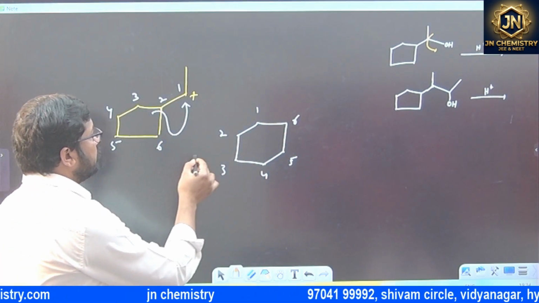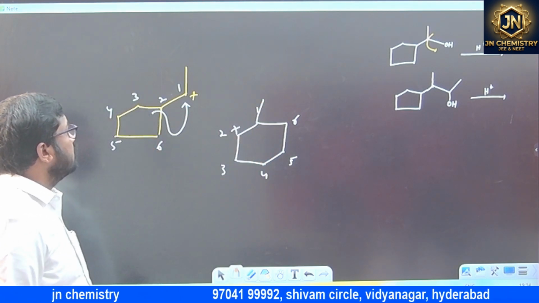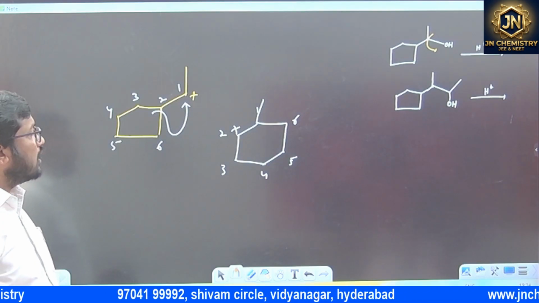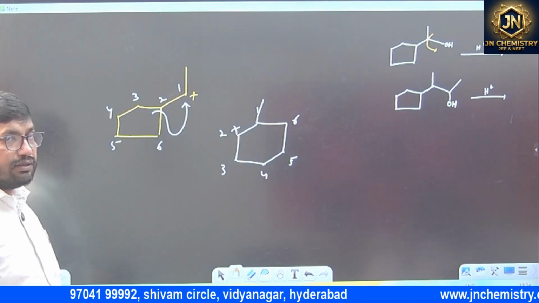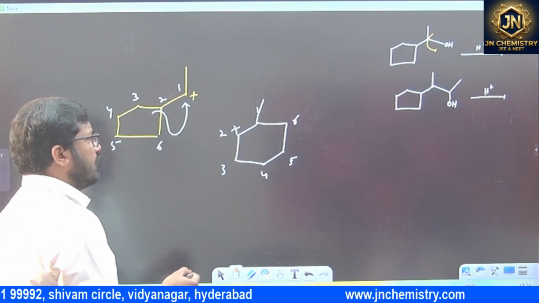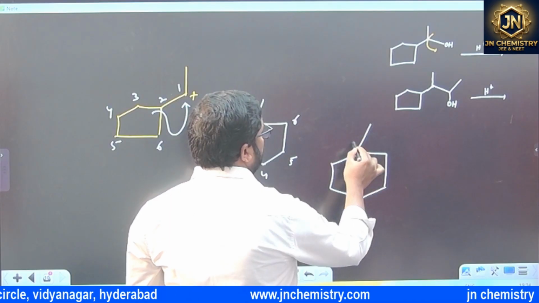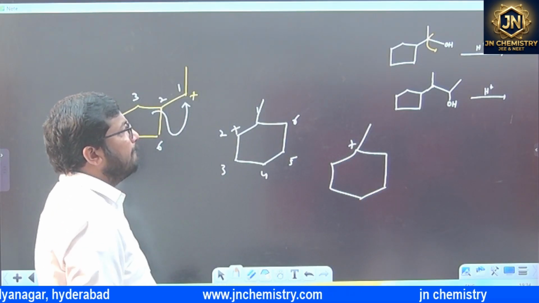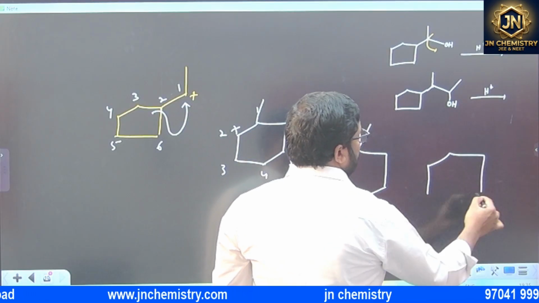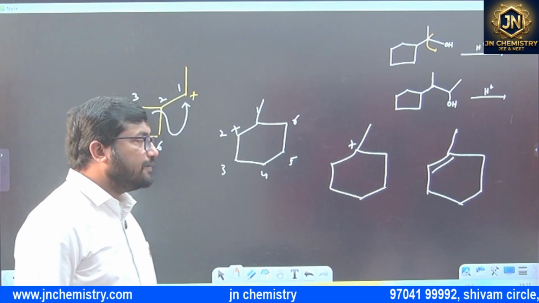In this first position a methyl group is there, and at the second position the carbocation. So the carbocation rearrangement takes place. Why? Because it gives a 3 degree carbocation. Here is the carbocation. Then anything is possible, left or right, both are the same.